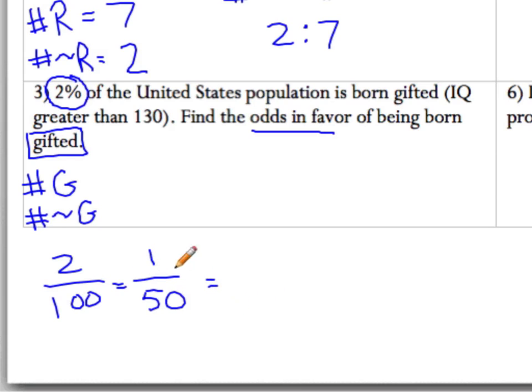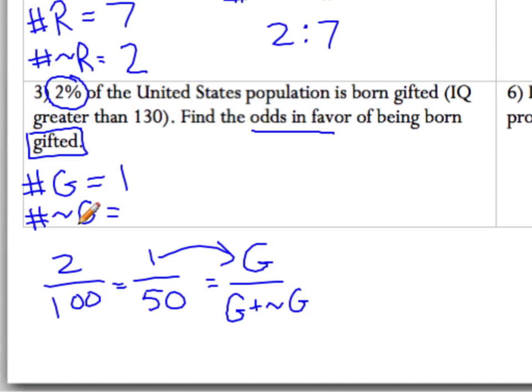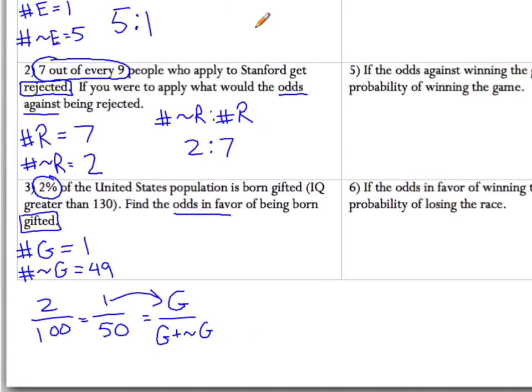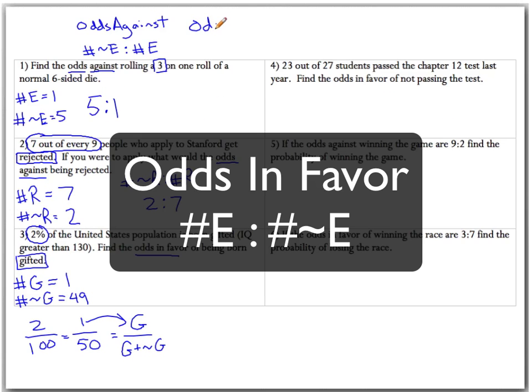So when we look at this, it actually gives us the number of gifted divided by gifted plus not gifted. So there's 1 gifted person, and then the rest are not gifted, meaning there are 49 that are not gifted. Now odds in favor, that's going to switch around.